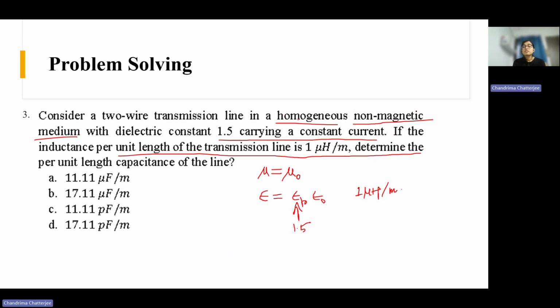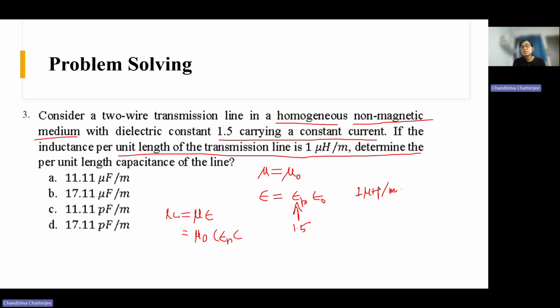So as they have already told that this is a homogeneous non-magnetic medium, we can easily say that LC, that we saw, LC is equal to what? Mu epsilon, right? This is basically mu naught, then epsilon R multiplied by epsilon naught.